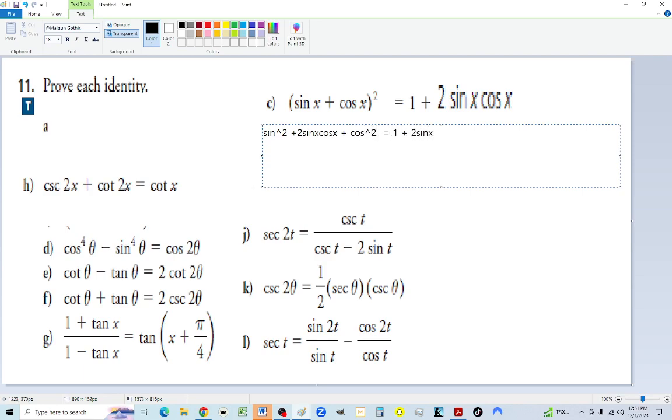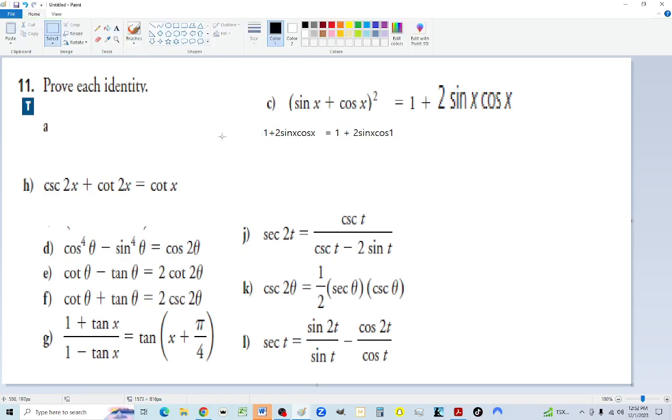Now notice that 2 sine x cos x is the same here, and notice this, we can rearrange this. And what's sine squared plus cos squared? 1. So that's proven. So really it's just about replacing the double angle. These aren't too hard. Let's try a harder one.